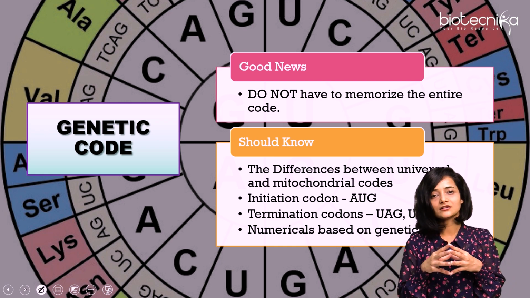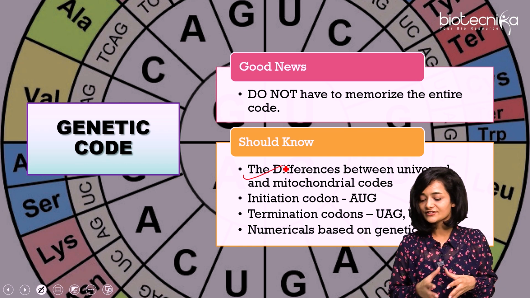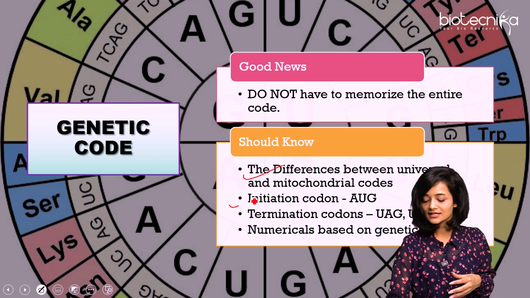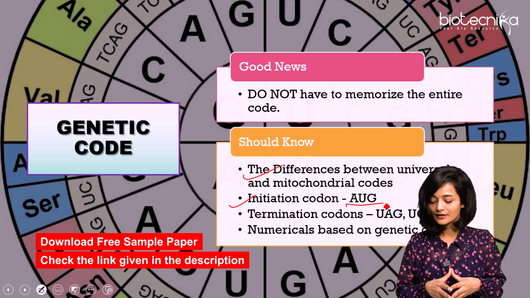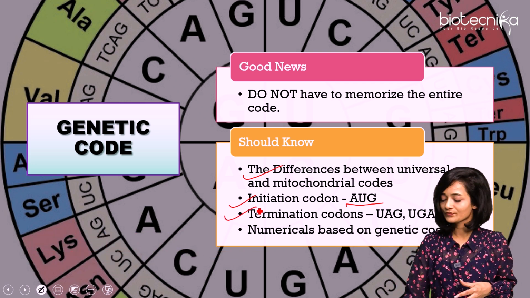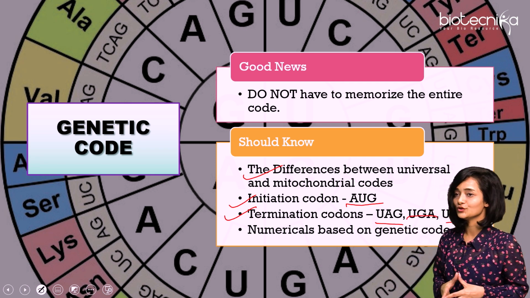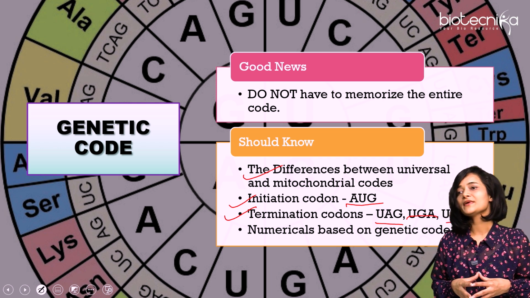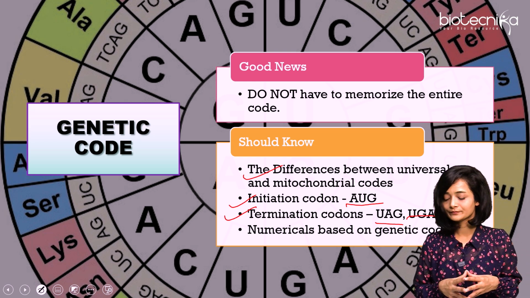The important things you need to remember are the differences between the universal and the mitochondrial codes, and the initiation codon, AUG, universally used. Also the different termination codons, that is UAG, UGA and UAA. Basically, numerical based questions are asked from the genetic code in the exam.